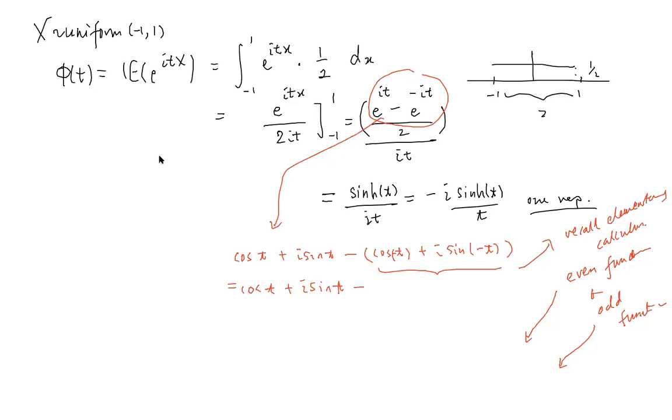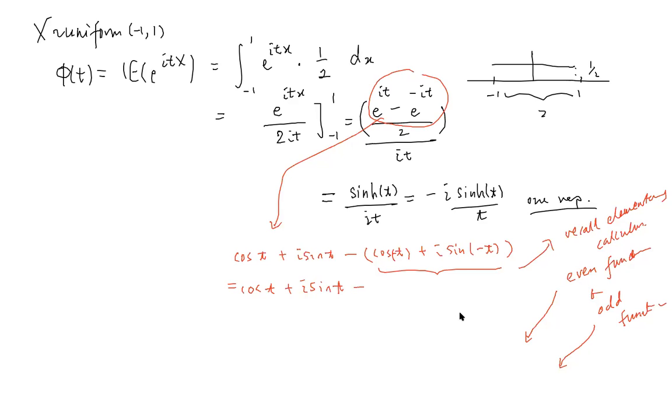Small thing but important. f of negative x equals f of x for an even function. Then for an odd function, f of negative x is equal to negative f of x.